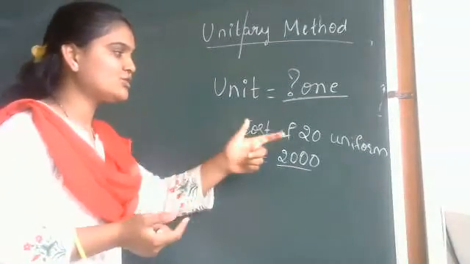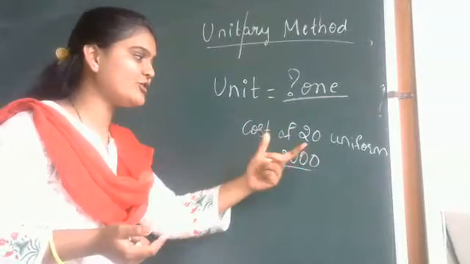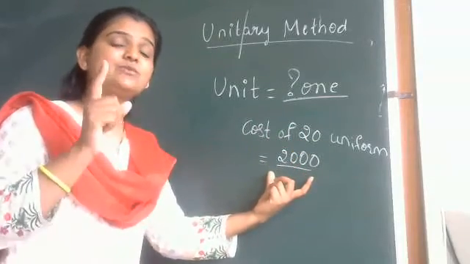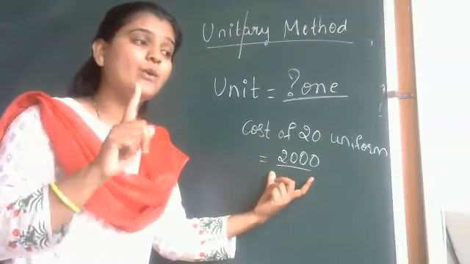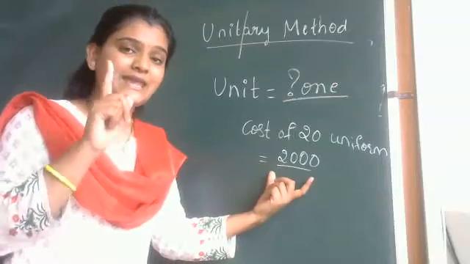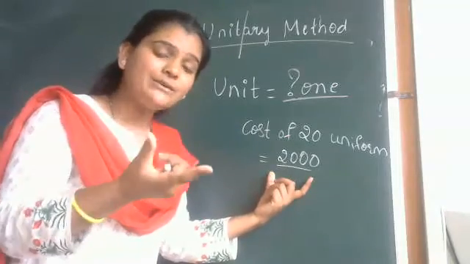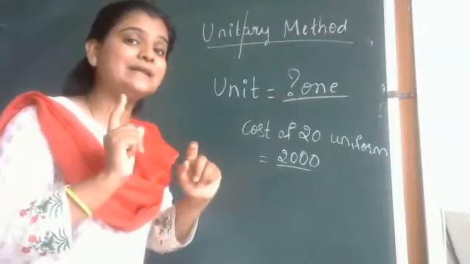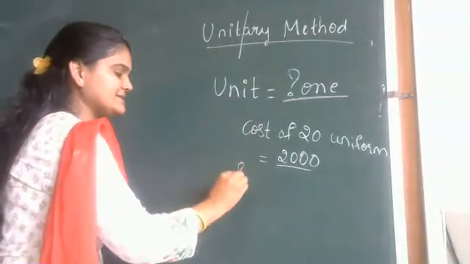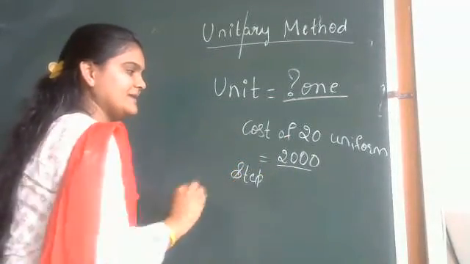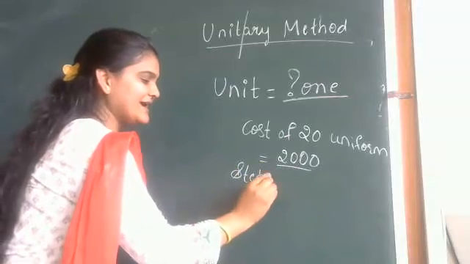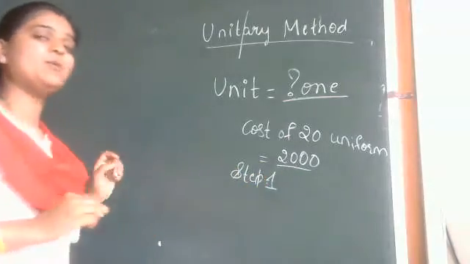Yes or no? So for 20 uniforms you have 2000. First you will calculate it for one uniform. एक यूनिफॉर्म के लिए कितना कॉस्ट होता है वो देखिए. For however many uniforms you want, then you will multiply. See, step 1 is what?